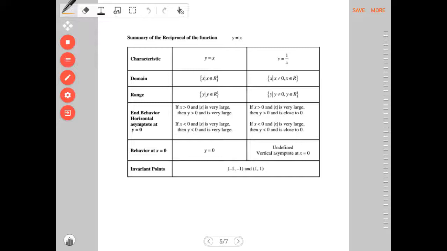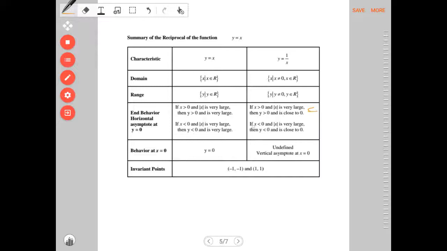Now, for y equals 1 over x, when x is bigger than 0 and absolute x is very large, we're going 1 divided by very large, which is very small. So y is still bigger than 0, but it's very close to 0. 1 divided by big is small.